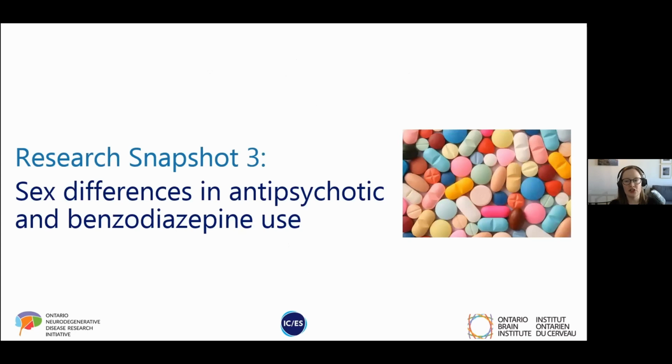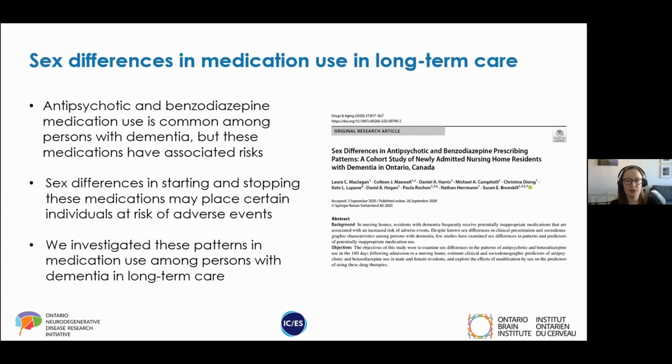Now, in our third research snapshot, we looked at sex differences in the use of antipsychotic and benzodiazepine medications. And these are medications that are often used off-label to treat the neuropsychiatric and behavioral symptoms of dementia. And we looked at these in a long-term care home population. So we know that the use of these medications is common in people with dementia, but it's not without risks.